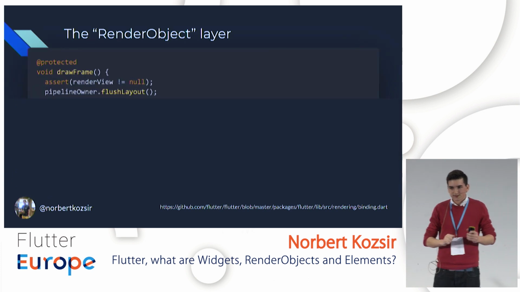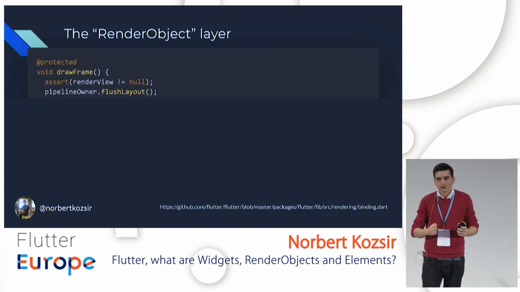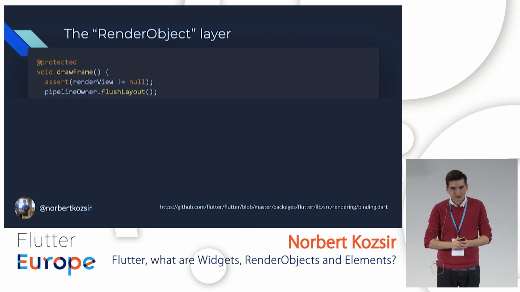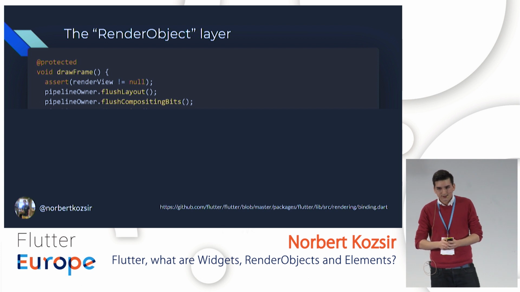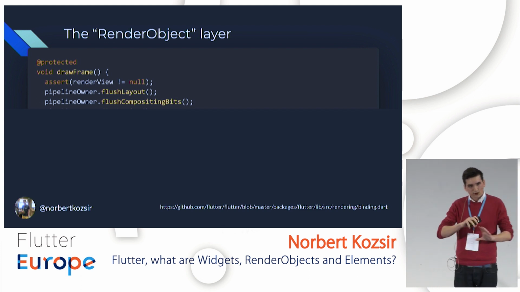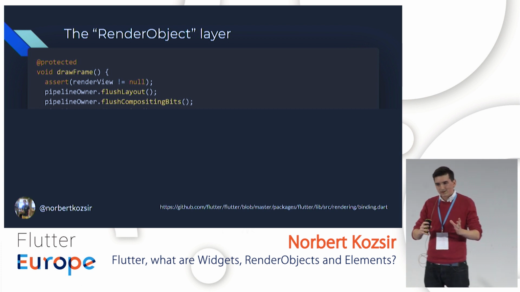Inside the draw frame, it illustrates very nicely how the pipeline actually works. First off, we layout. After we have laid out, we composite. Composition, very basically: Flutter uses layers. And a layer you can imagine as a layer in Photoshop.